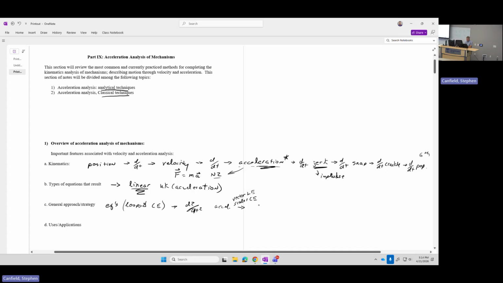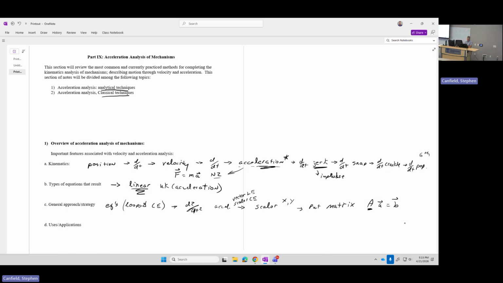We then cast them all into scalar form, so we write them out as X, Y constraint equations. And then finally, we put them into matrix form. We write them as linear equations: our coefficient matrix A times our vector of unknown accelerations equals our right-hand side B.